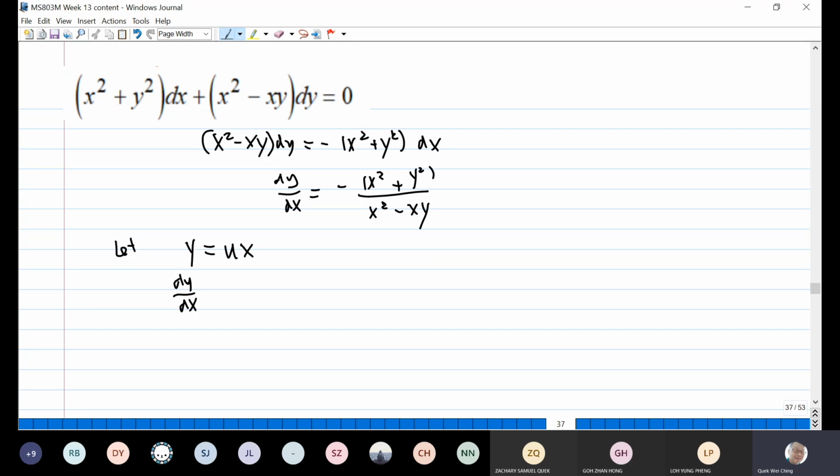How to use the product rule now? Product of two terms. Keep the first term, differentiate the second term, plus keep the second term, differentiate the first term. Differentiate x by x is 1, right? And x du dx.